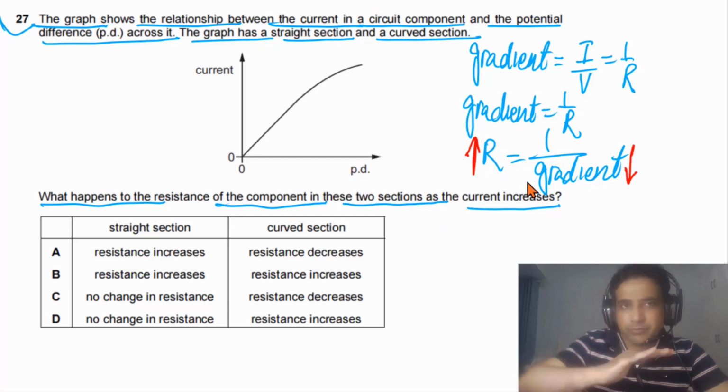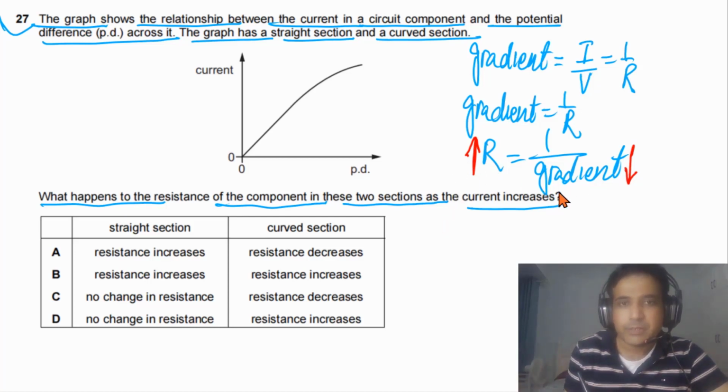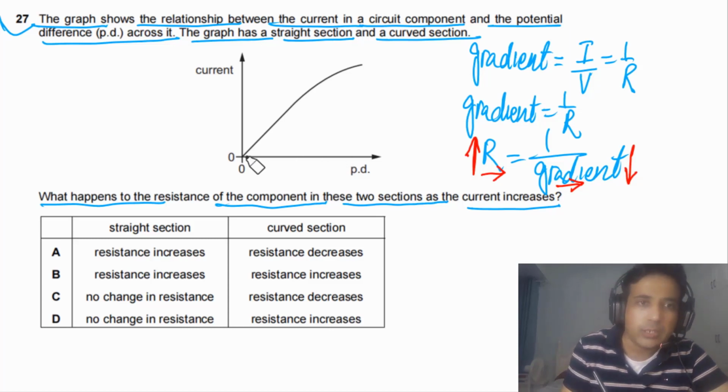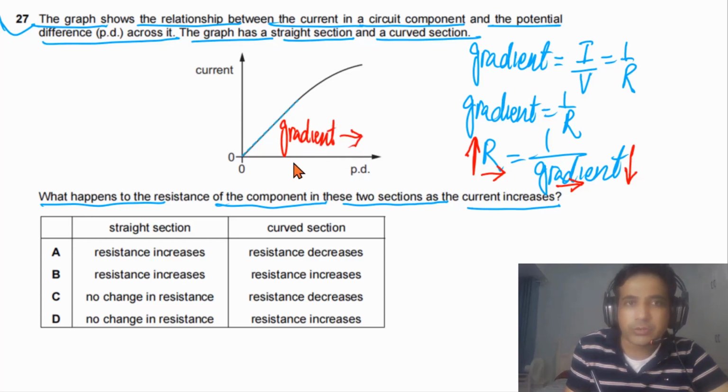And if the gradient remains the same, it means resistance remains the same. So these 2 points we need to understand. Now we can also draw the line. If you look at the first part, the gradient is constant. So it means resistance is also constant.